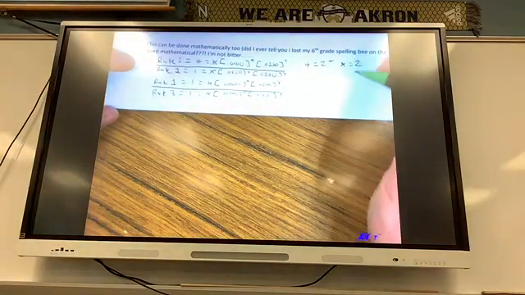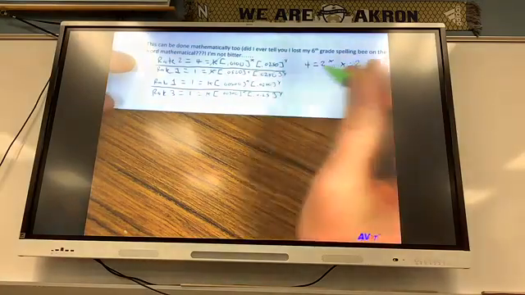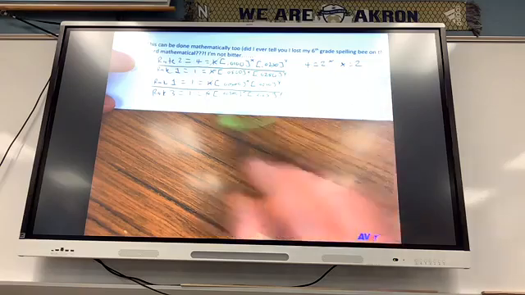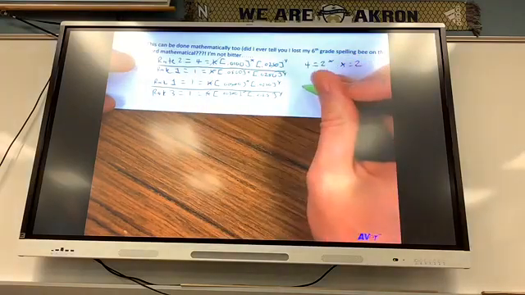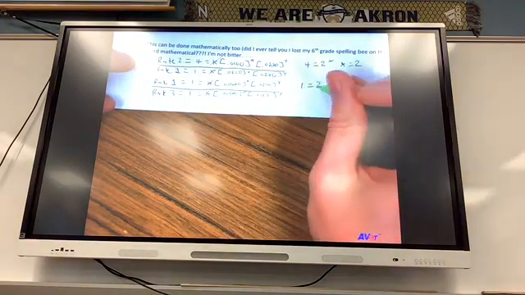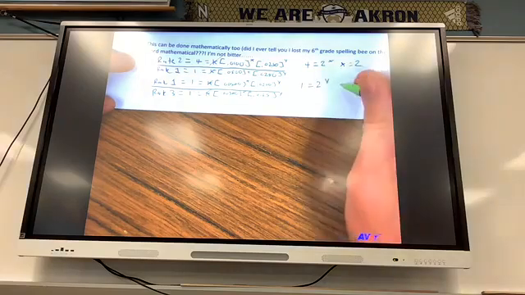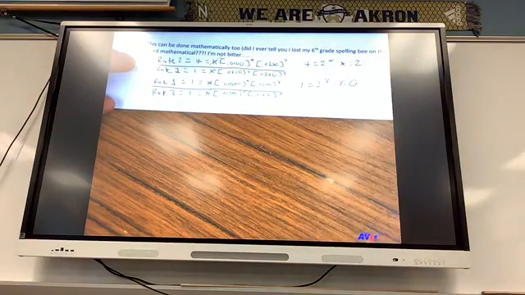So on this one, my K is gone, this is gone. So 1 is going to be equal to 2 to the y. Agreed? Yes? So y equals what? 0. Y equals 0. Anything to the 0 power is 1.